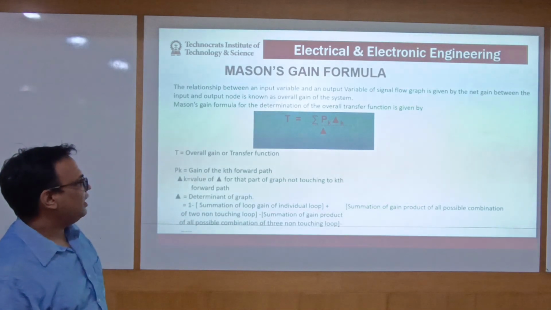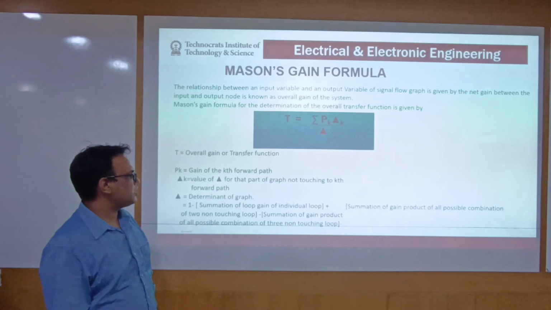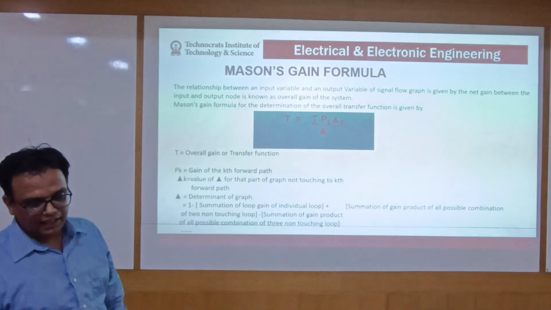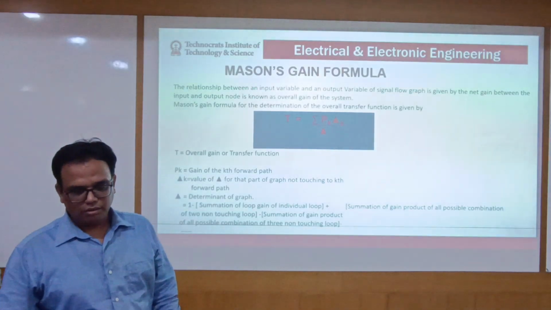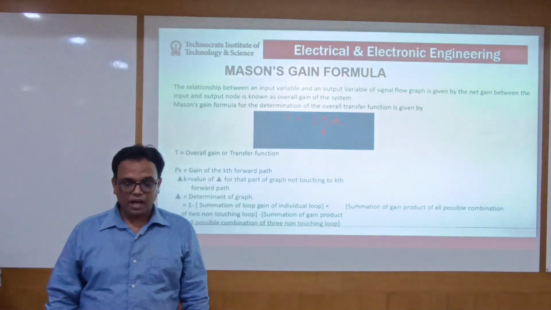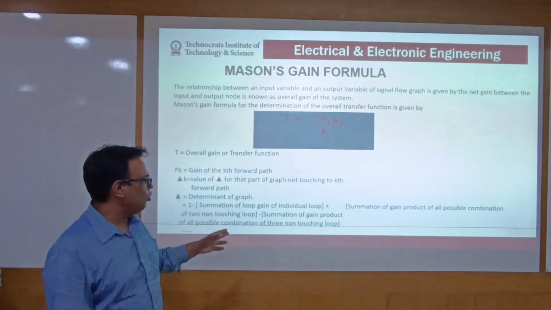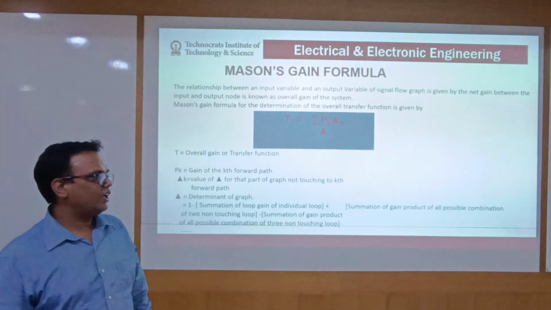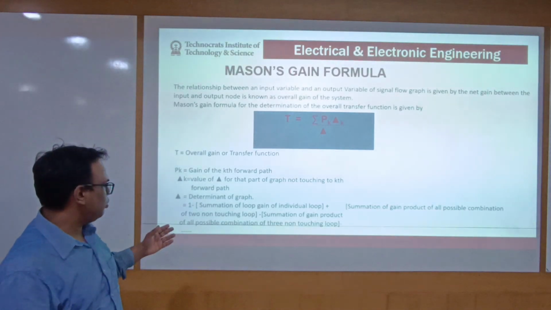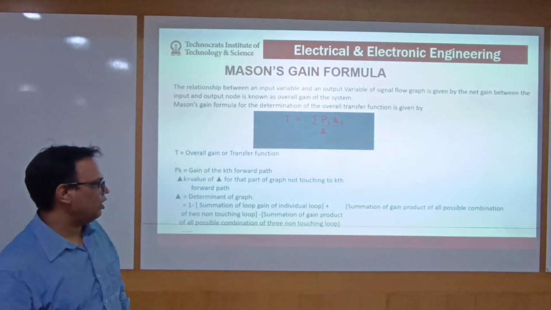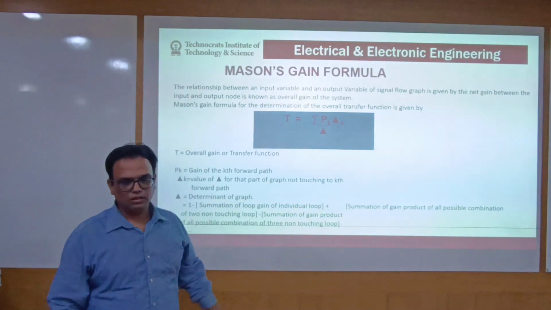Delta k is the value of delta for that part of the graph not touching the kth path, and delta is the determinant of the graph, which is equal to 1 minus summation of loop gains of individual loops, plus summation of gain products of all possible combinations of two non-touching loops, minus summation of gain products of three non-touching loops, and so on.